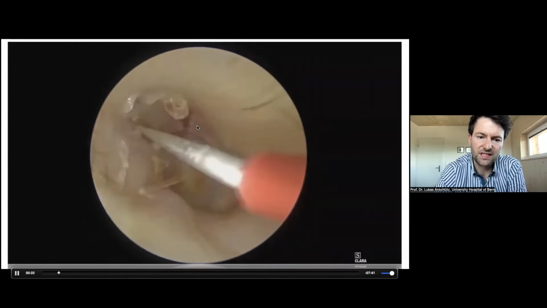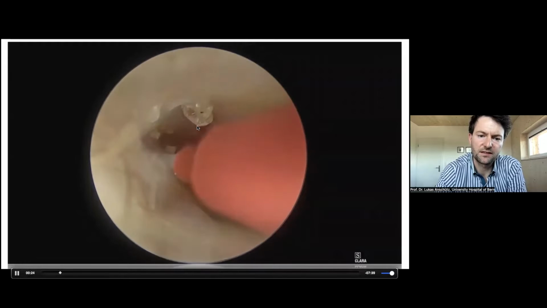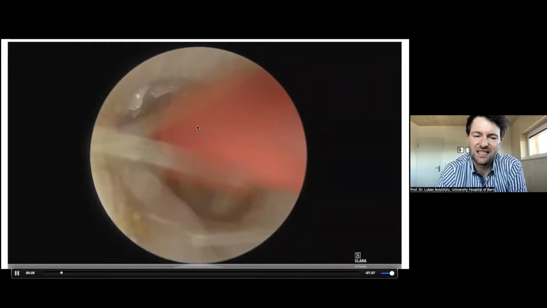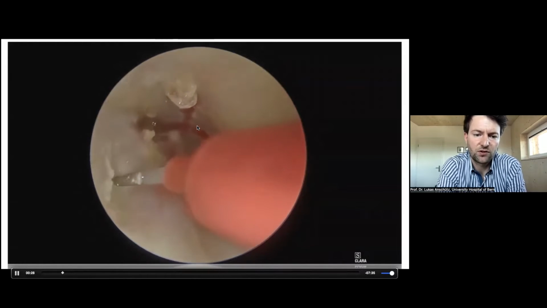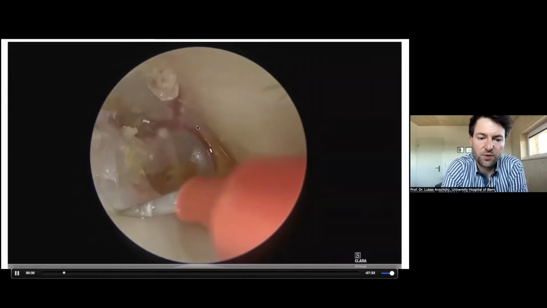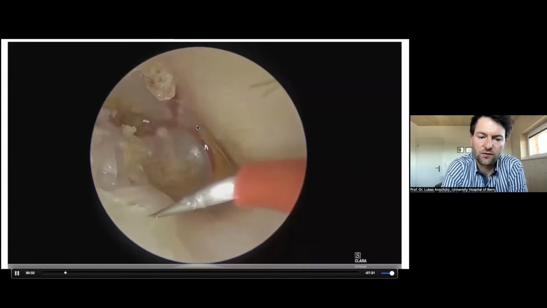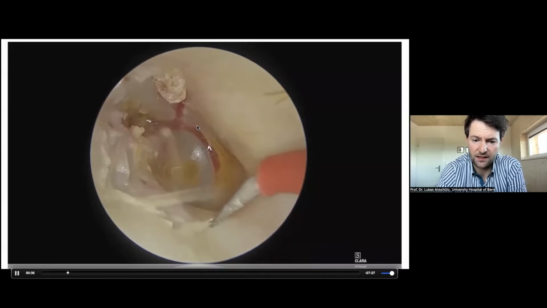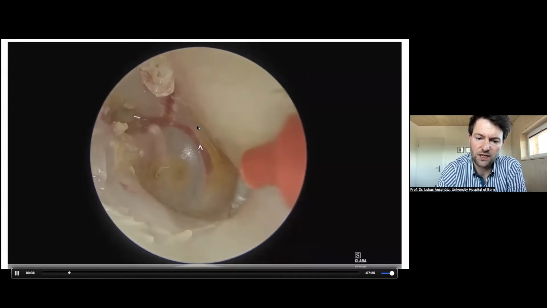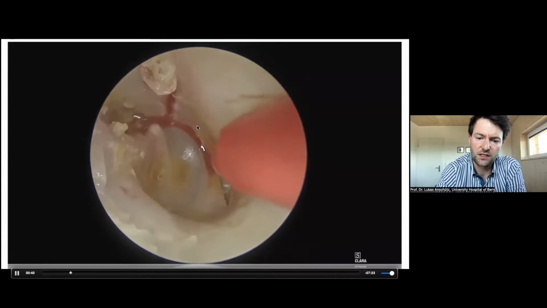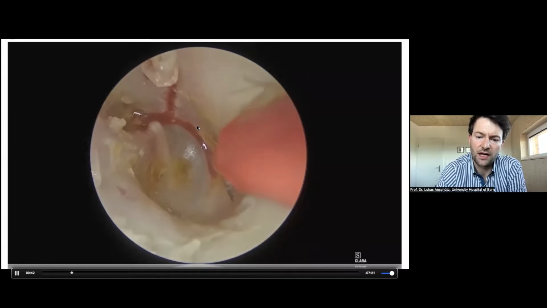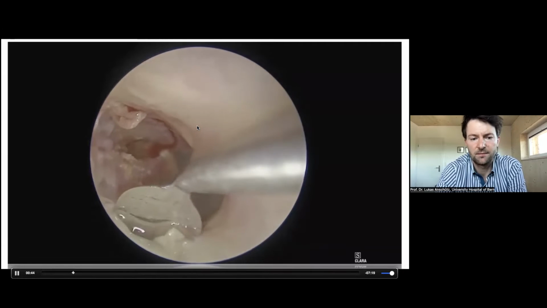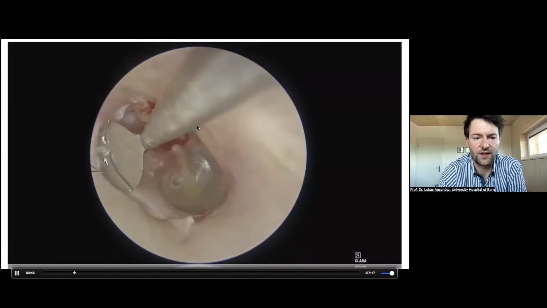It is very important, if you use a monopolar inside the ear, you want to use it at very, very low power, because there is the possibility of spread of the electricity to the facial nerve. And of course, this you would like to avoid. And you see, I just make some dots. I don't cut the line of the skin. I just make the dots to have less bleeding, but to avoid retraction of the flap.